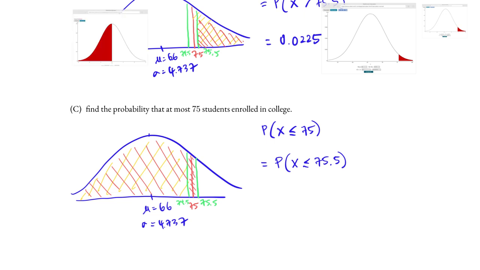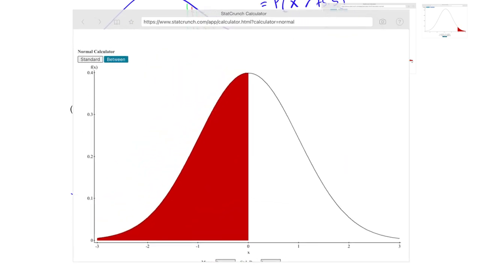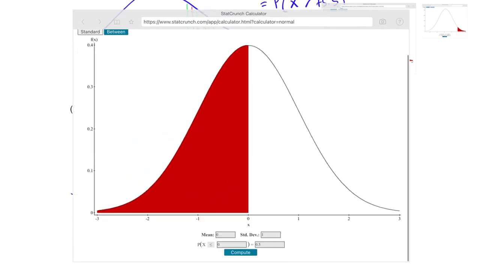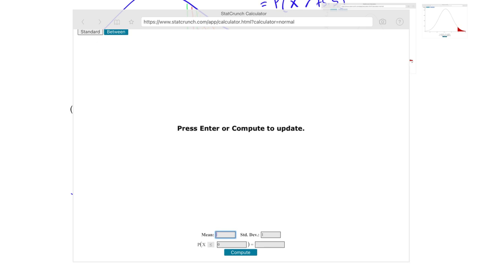We then use the normal calculator to finish the job here. Left side only, so we would use the standard feature. The mean is 66. The standard deviation is 4.737, but this time we choose less than or equals because we want the left area. The x value is now 75.5. Then we hit compute.